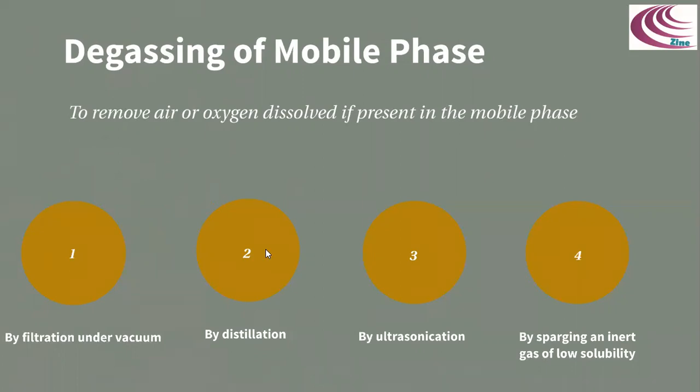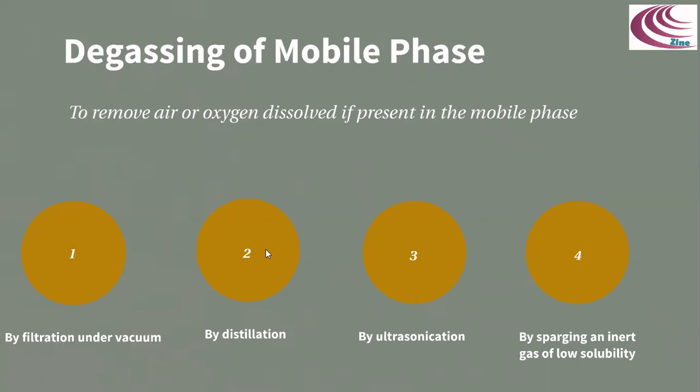In the laboratory, ultrasonication is usually achieved by using an ultrasonic bath or an ultrasonic probe known as a sonicator. If a container bearing the mobile phase is kept in an ultrasonic bath, the mobile phase becomes free of dissolved air or oxygen. So this is an alternative to the sparging method.